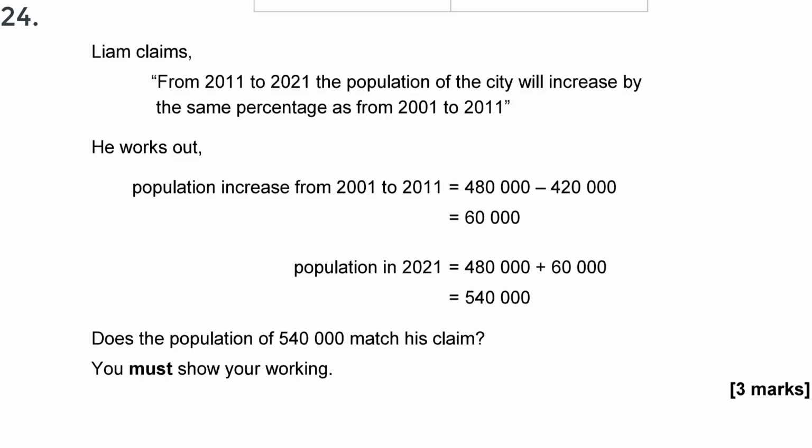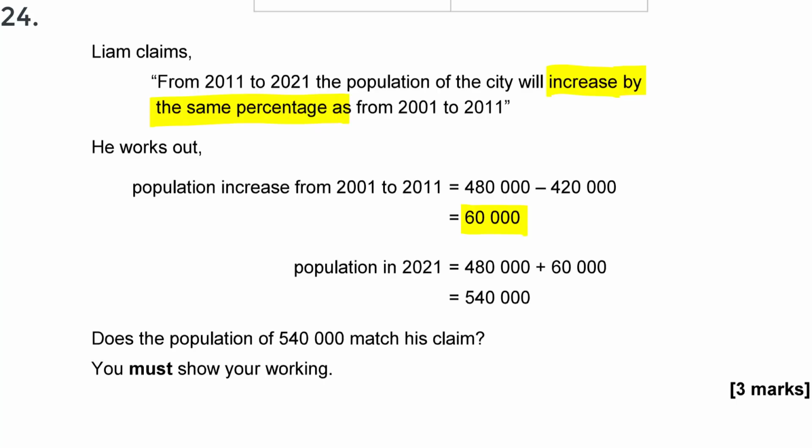Okay, so he has said here that from 2011 to 2021, the population of the city will increase by the same percentage as from 2001 to 2011, but he hasn't actually worked out what that percentage is. All he's done is subtract one number from the other, so he's found the difference between those two numbers is 60, and he's added that same difference onto the population in 2011 to estimate what it will be in 2021.